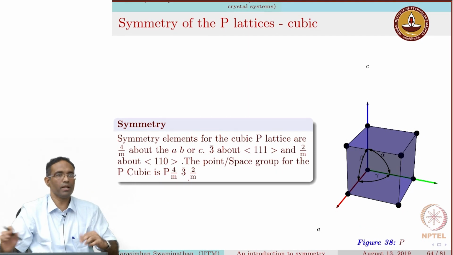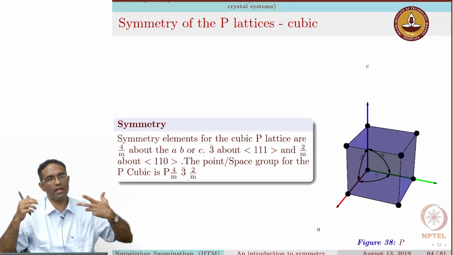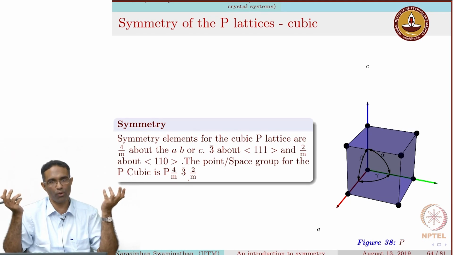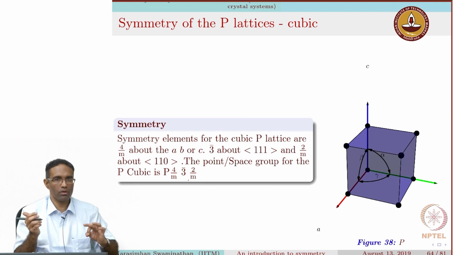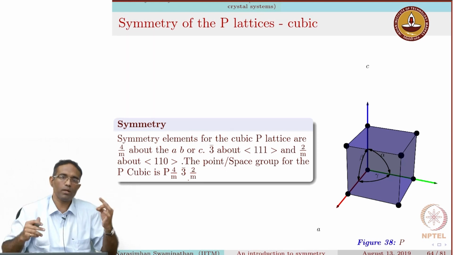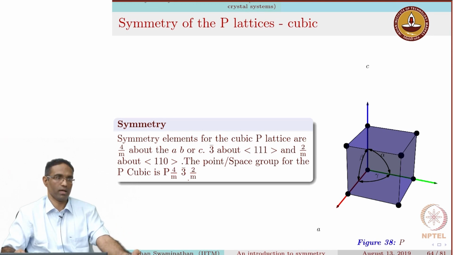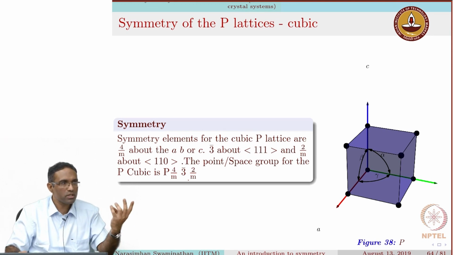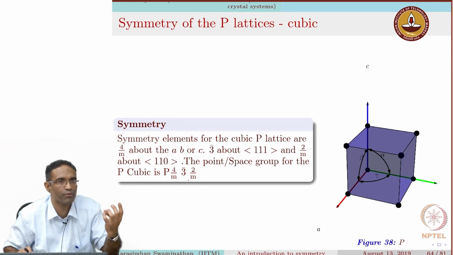Cubic becomes a little bit tricky, because all the three axes A, B and C have fourfold symmetry associated with them, right? The second you see 4, it could be either tetragonal or cubic. So now you have to understand how you can differentiate between space groups which start off with a 4.